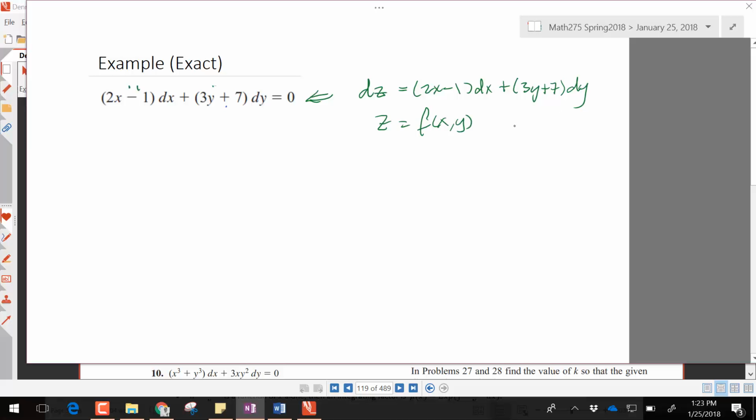And since this was equal to 0, then this z function must have been equal to a constant. So that was the theory in the first thing that we looked at when we looked at exact differential equations.